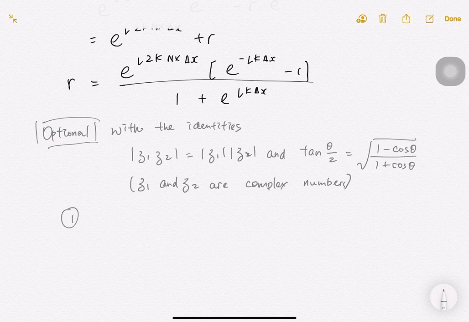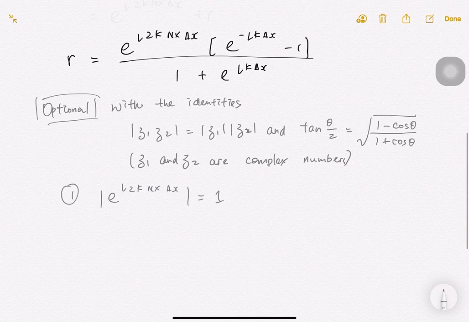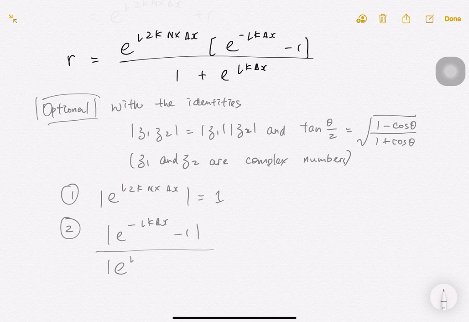Okay, we can rewrite this term e to the power of iota 2k Nx delta x. We know that the magnitude of this is 1, and the other one is e^(iota k delta x) minus 1 over e^(iota k delta x) plus 1.